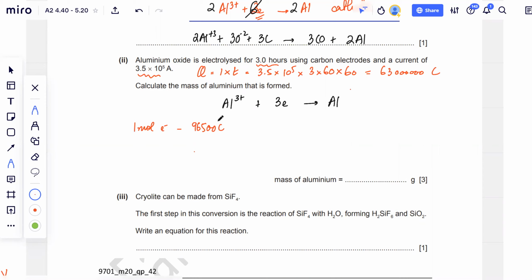So if you've got 63 million coulombs, how many moles of electrons are actually flowing through the circuit? That would be 6.3 times 10 power 6, divided by 96,500. What do we get?